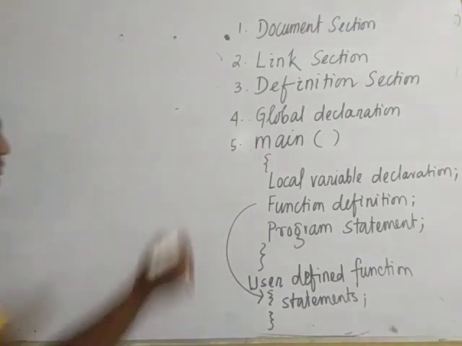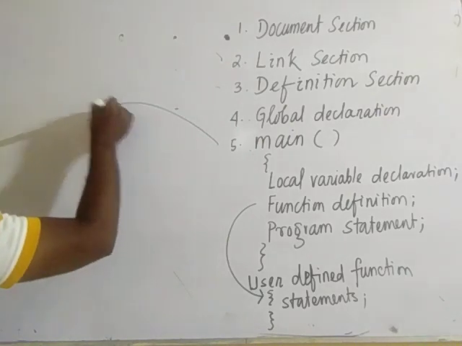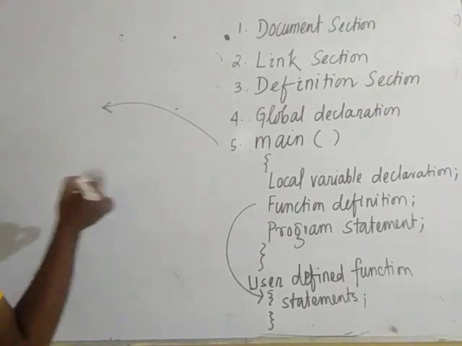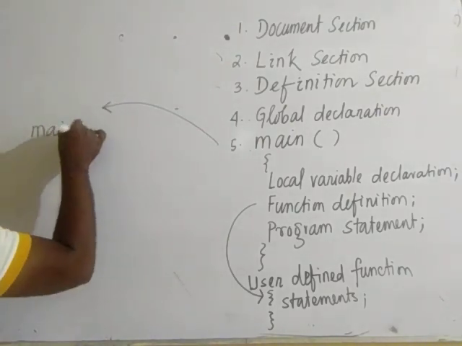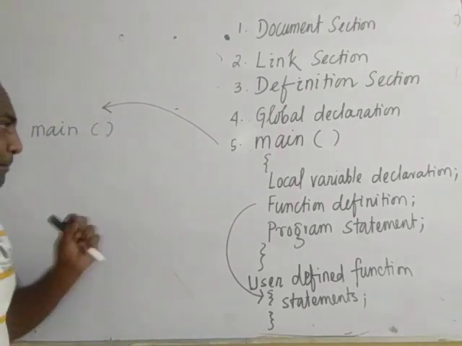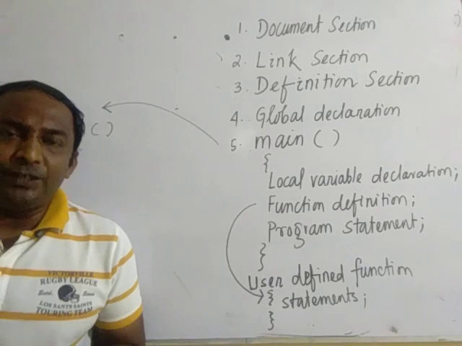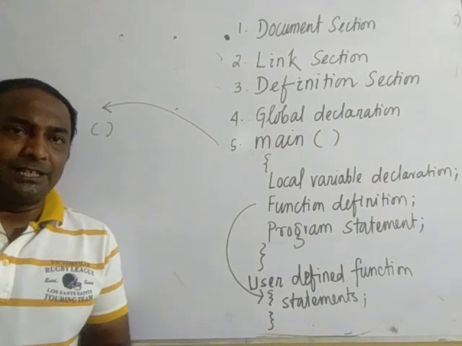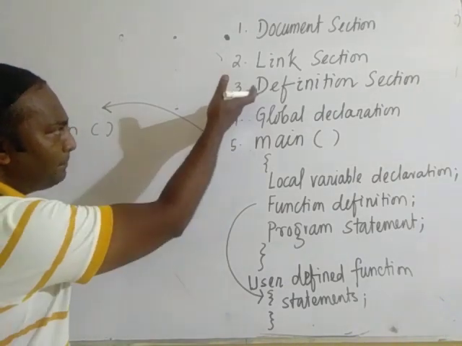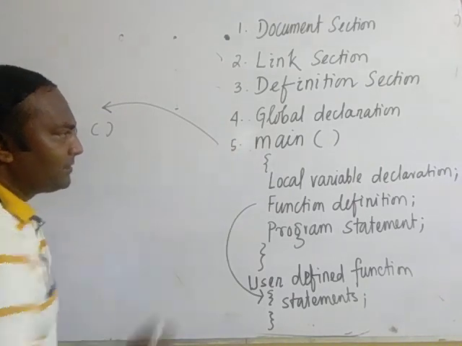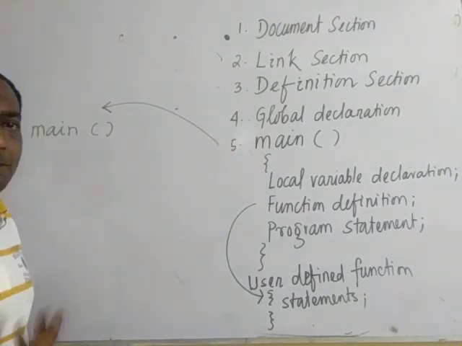The fifth and the most important part is the main part. The main function is the part from which the C program execution starts. When the C compiler reaches the main function, it will start the C program execution.